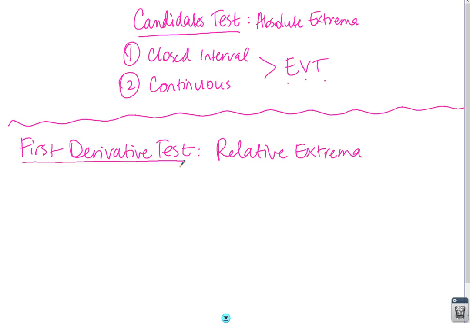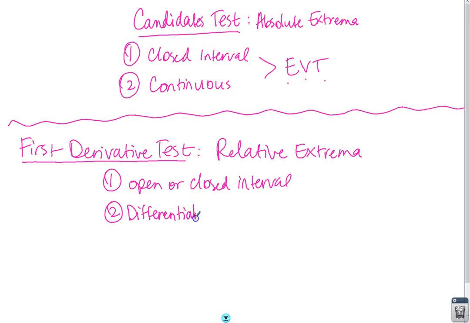This can be on an open or a closed interval, doesn't matter, as long as your function is differentiable, meaning you can take the derivative everywhere except possibly at critical numbers.